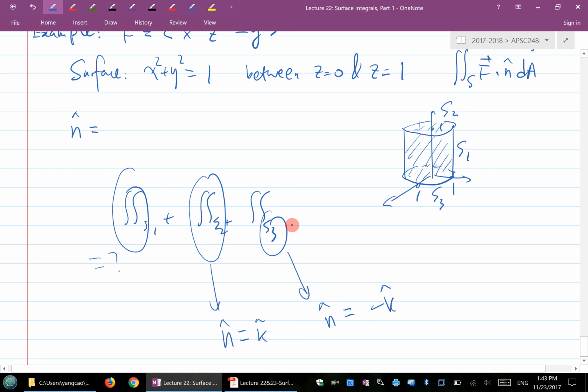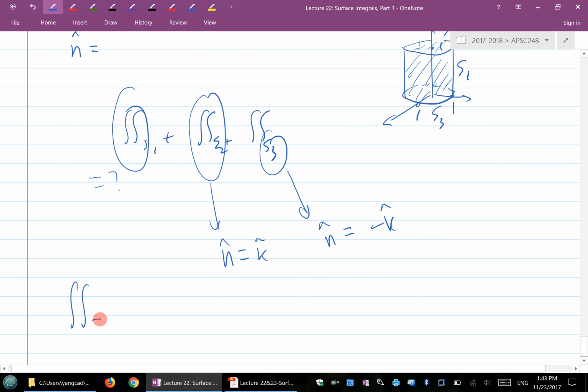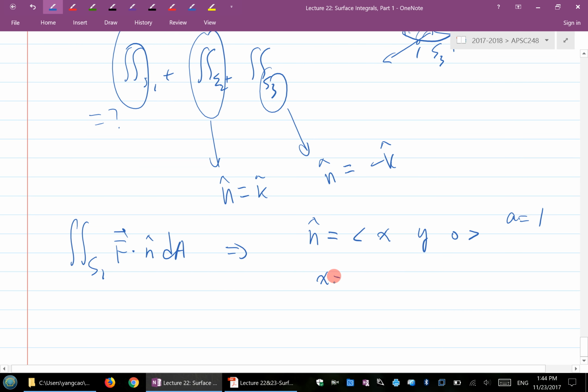So in this question, as we said, we're basically calculating S1 in here. And n hat, as we said, for a cylindrical surface, and here the cylinder has a radius of a equal to 1, so that's just x, y, 0. You're going to replace the x with cosine theta, y with sine theta, and the z will be kept the same, as z.